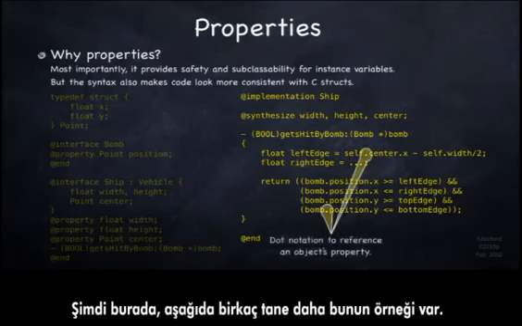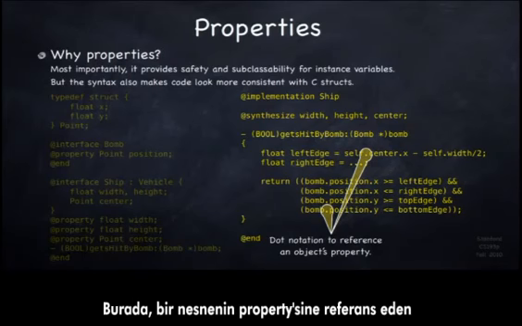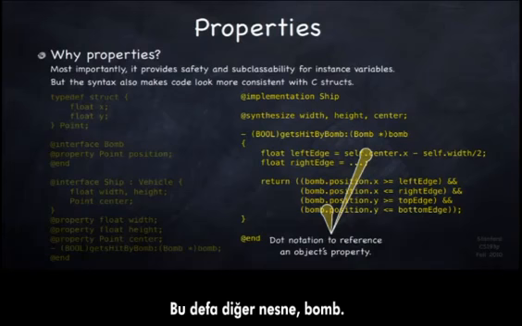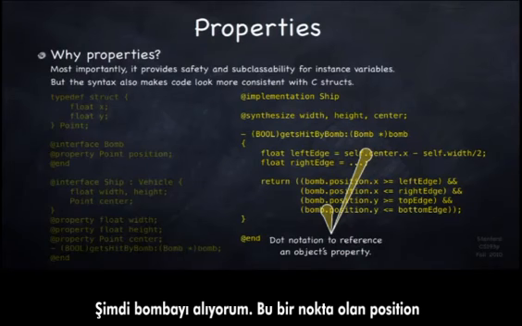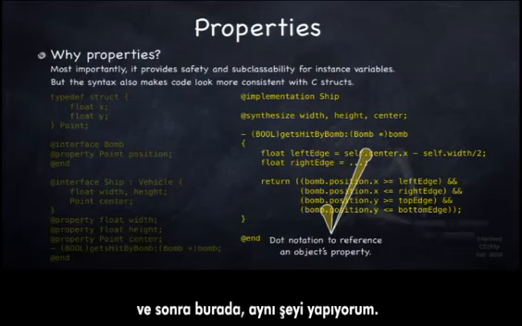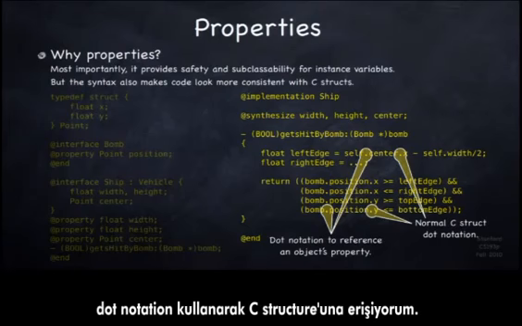Now, down here, here's another example of where I'm using dot notation to reference an object property. This time, it's another object, the bomb. I got the bomb. It has a public property called position, which is a point, and I'm accessing that. And then here I'm doing the same thing, accessing the C structure using dot notation.